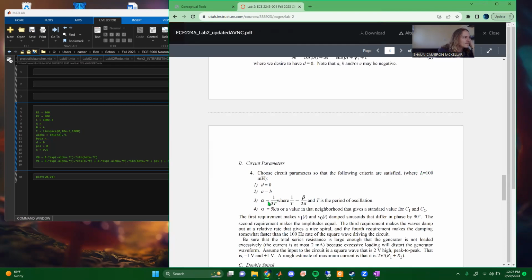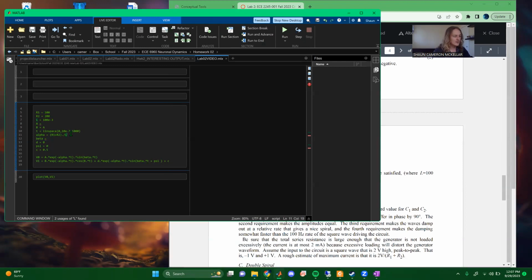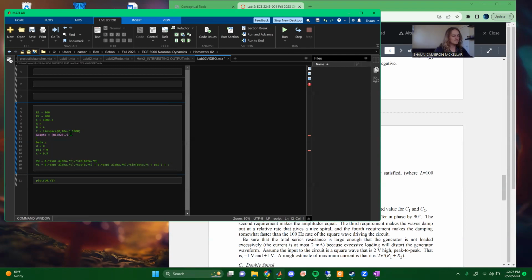Oh, and here's my alpha and my beta term that I can start with. So they actually tell us that alpha is equal to 5 kiloradians. So I'm going to copy this. Alpha equals 5e to the 3, 5,000. So what does beta equal?